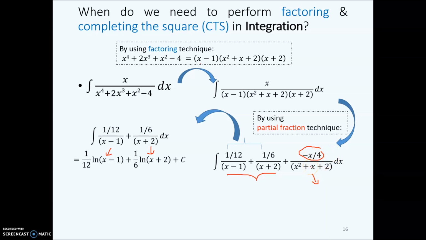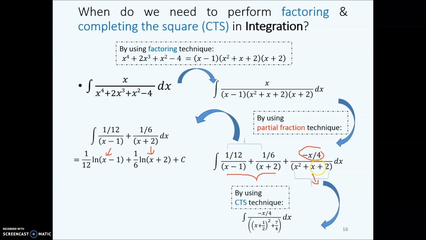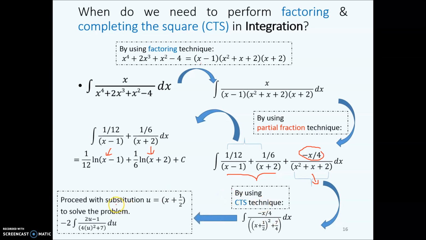So what we can do is reduce this factor, x squared plus x plus 2, further by using completing the square, where after completing the square you get x plus 1 over 2 to the power of 2, which is the square term, plus a constant 7 over 4. So you can continue to perform the substitution where you let u equal to this term, and after you substitute everything, you should be able to get this form.